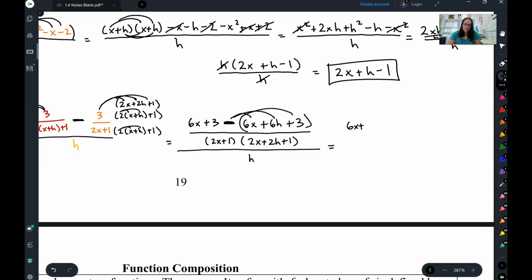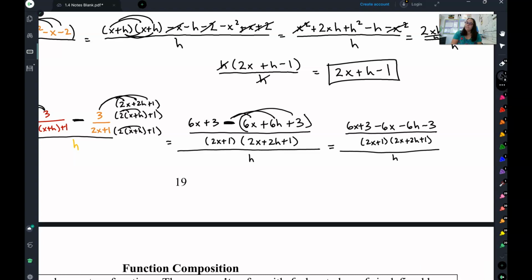So I got my 6x plus 3. Let's distribute this. So minus 6x minus 6h minus 3 all over my common denominator that I came up with. All over h. Hey, things are starting to cancel. 6x minus 6x, 3 minus 3.